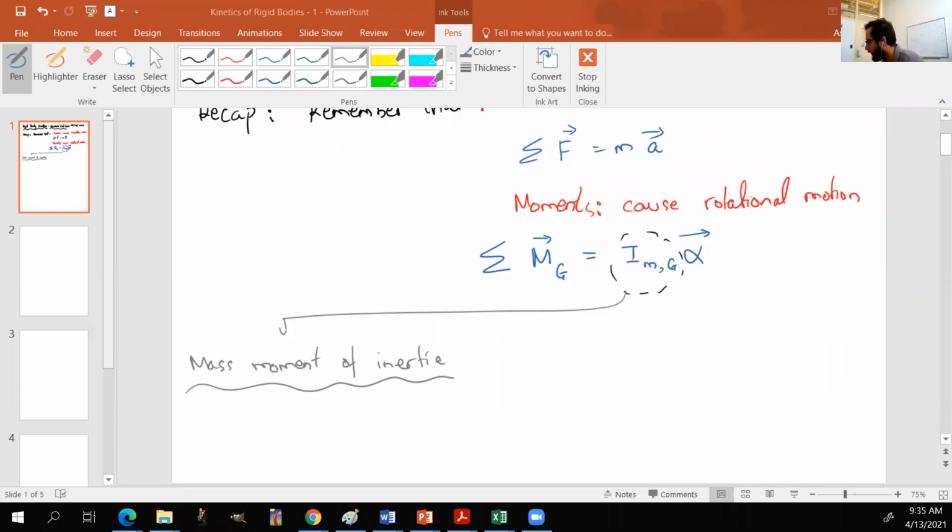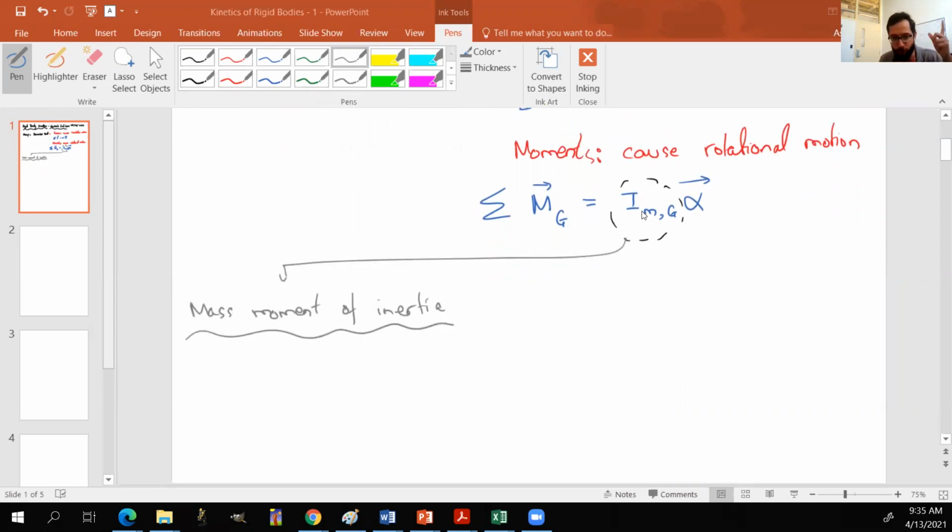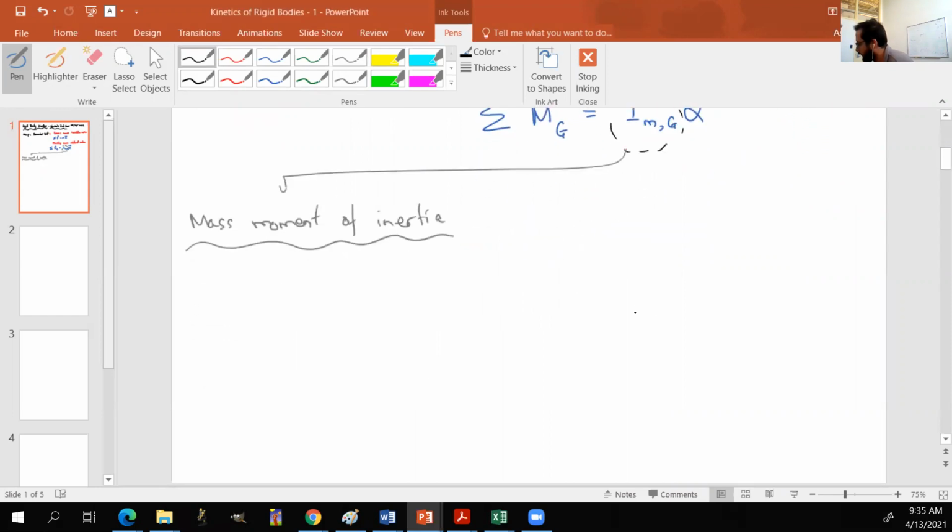The way that we define it is, remember, whenever we're looking at rotation, you always need an axis. So we draw the axis out, A and A prime like that. This is the axis about which your rotation is happening.